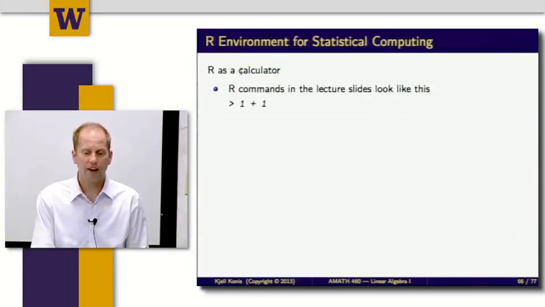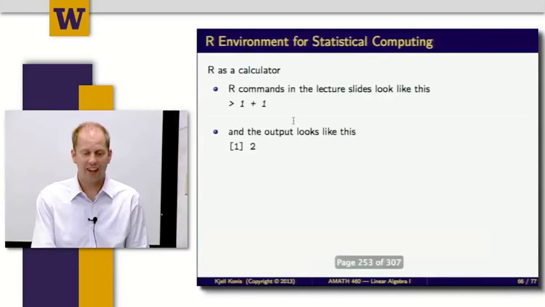You can think of R as a calculator. In my slides, the commands are going to look like this. This is the little caret that you're going to see in the R command window, and then this is the input that you're going to type in. When you hit enter, the output will look like this.